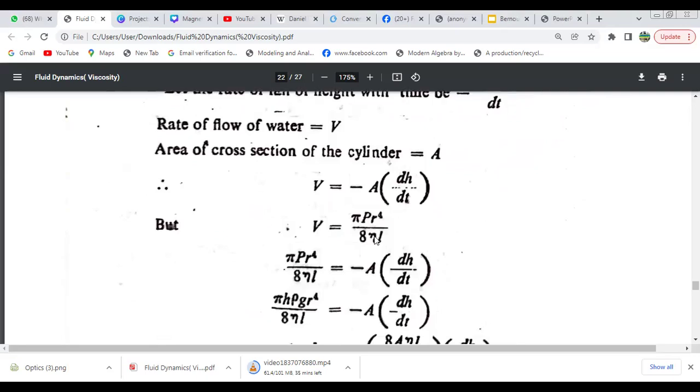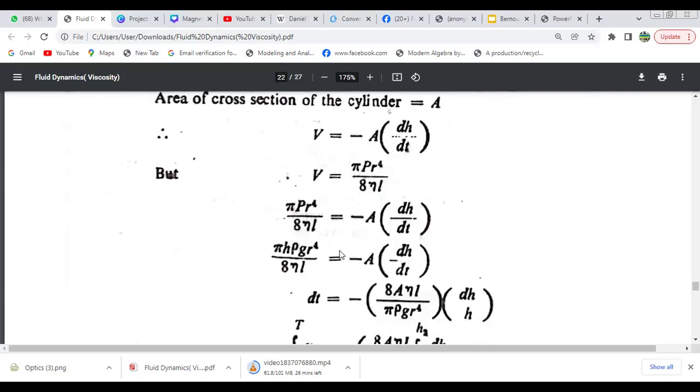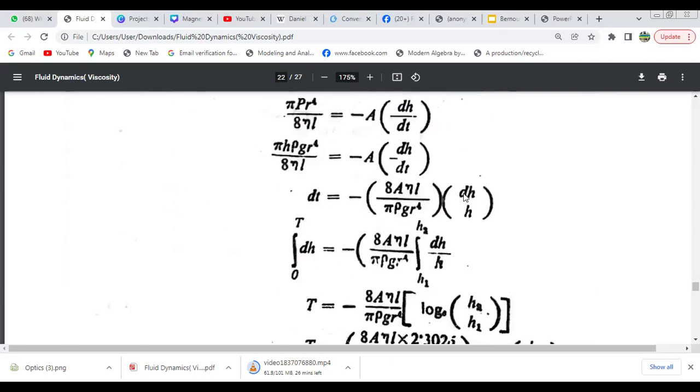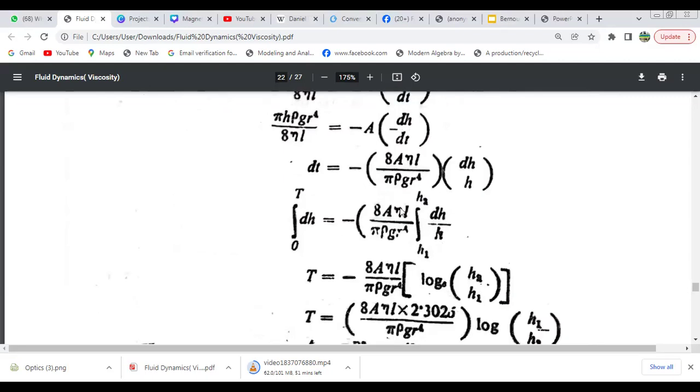So V, again we get this from the previous theorem of viscosity. So actually this total area will be equal. In that case, dt equals this one. Now integrating on both sides, the left-hand side from 0 to capital T and the right-hand side from H1 to H2. This is the fall of liquid from the first height to the second height.